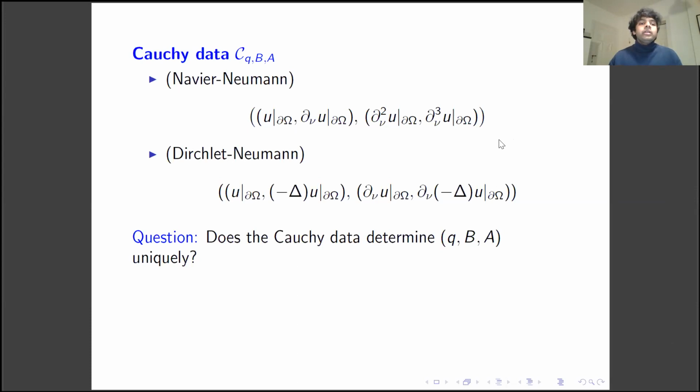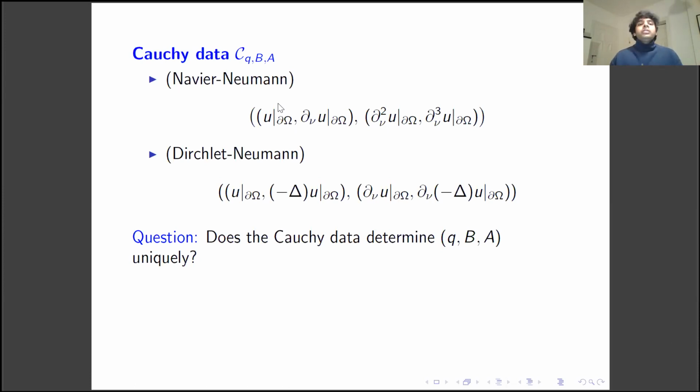Another thing is that we can write the integration by parts formula with both of these data, with the Navier-Neumann combination or also the Dirichlet-Neumann combination. Performing the integration by parts and deriving the integral identity, which I will talk about soon, won't be a problem.